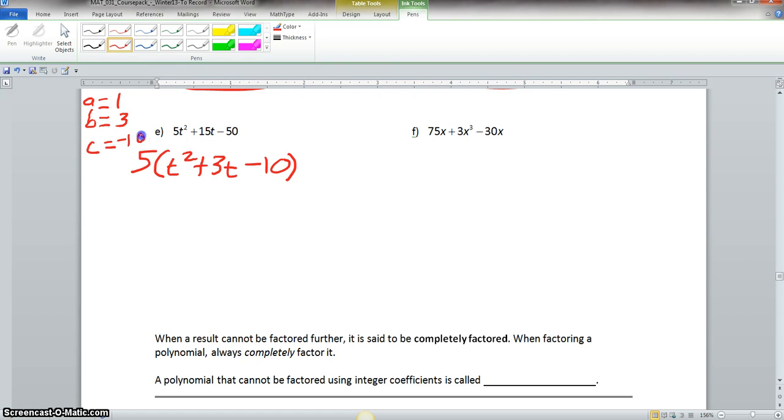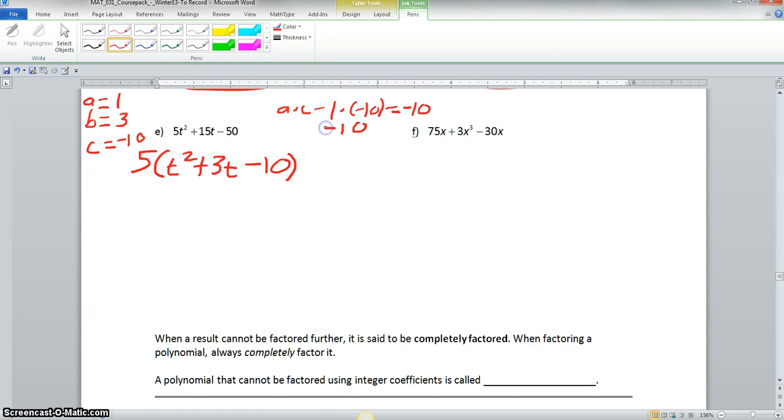Okay, now, we know we multiply our A and C. A times C, we know we will have 1 times negative 10, which is negative 10. Now we need to find the factors. Remember, A times C is equal to 1 times a negative 10, which equals a negative 10.